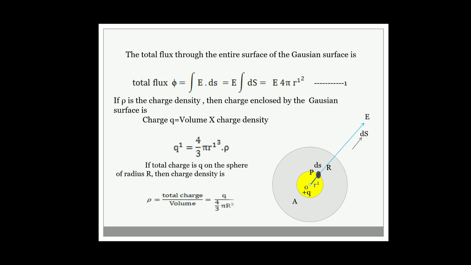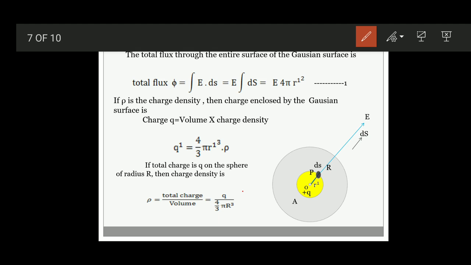Where rho is equal to total charge by volume. We know the total charge on the charged sphere is capital Q, and the volume of the charged sphere is 4/3 pi R cube. So the charge density rho is equal to Q by 4/3 pi R cube.